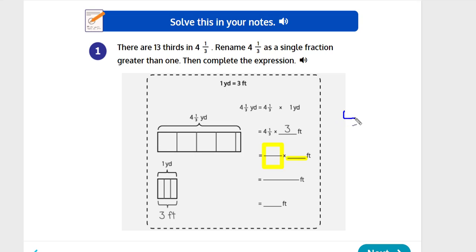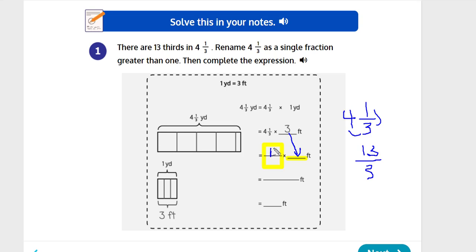Okay, so changing a mixed number into an improper fraction, right? So that's 4 times 3 equals 12 plus 1 equals 13 thirds. And then this just comes straight down.